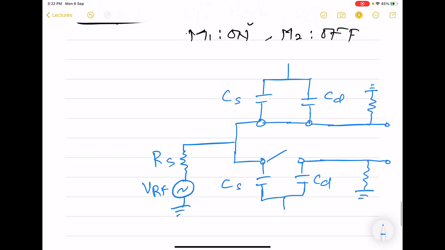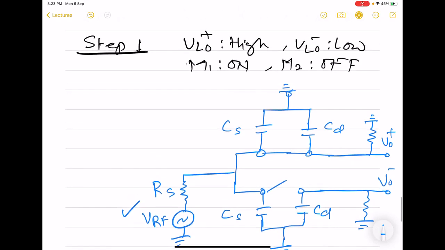Okay. So here VLO plus is present, here VLO minus is present, but we are interested in finding out this output due to this RF. So we will use superposition and momentarily exclude these LO signals. For that purpose, we will ground them.